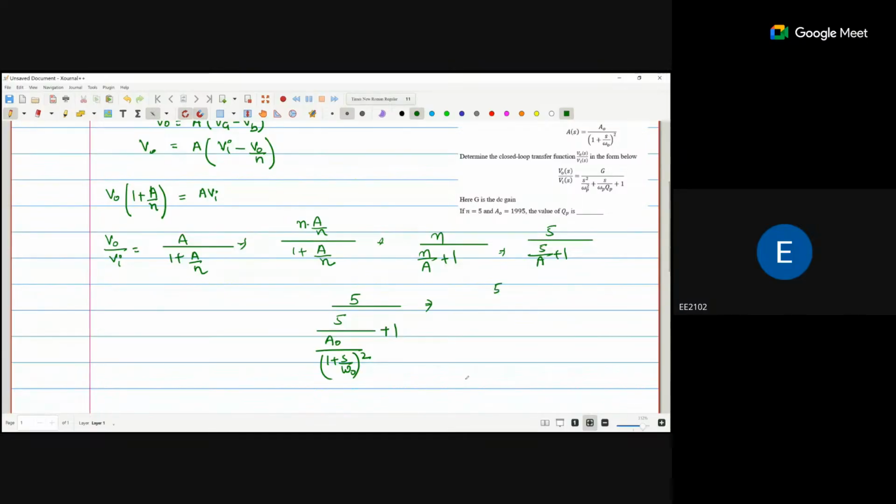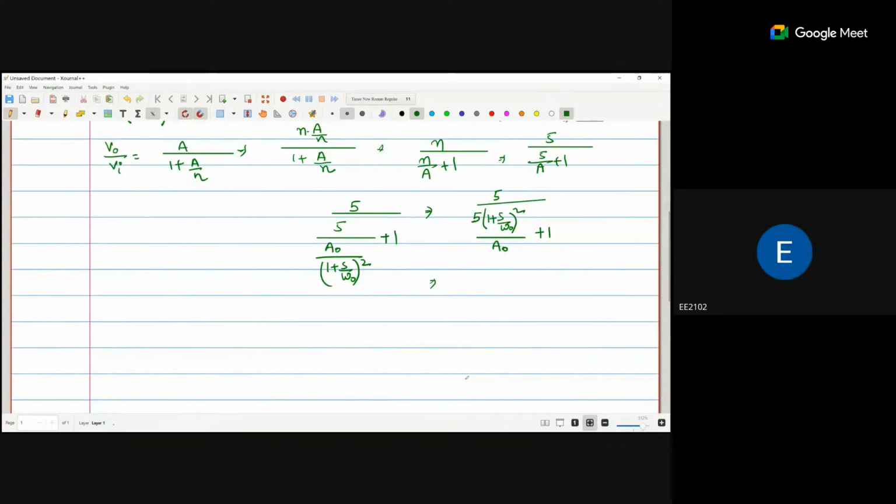So it is 5 upon 5 times (1 plus s upon omega naught) squared divided by A naught, plus 1. If I solve it, open it, so 5 upon 5 times (1 plus s squared upon omega naught squared plus 2s upon omega naught) divided by A naught, plus 1.